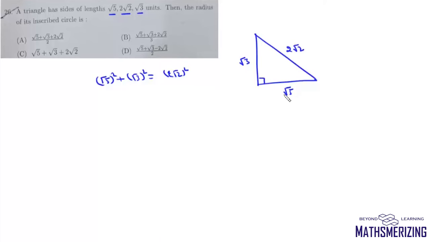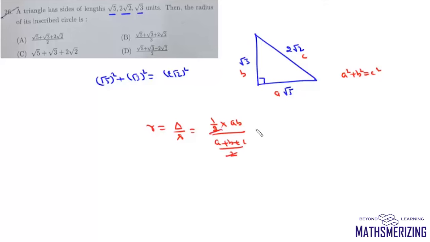Now we know that if it is a right angle triangle and we have these sides A, B and C, then A square plus B square equals C square, and we know that r is simply delta upon s. Now delta is the area of this triangle, which is half AB, and s is (a plus b plus c) whole divided by 2.